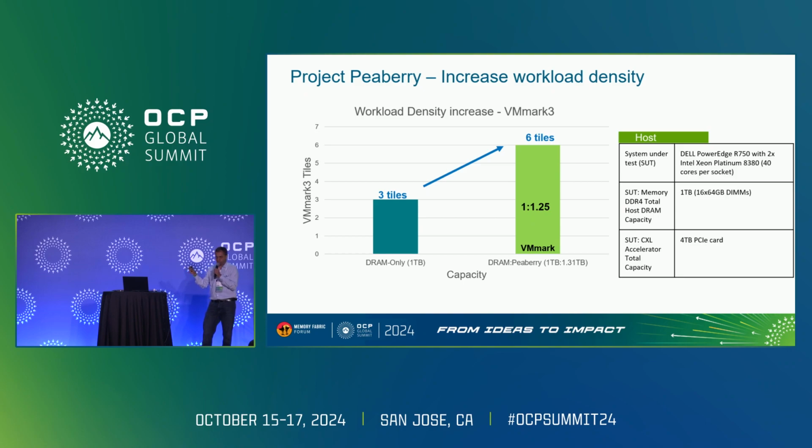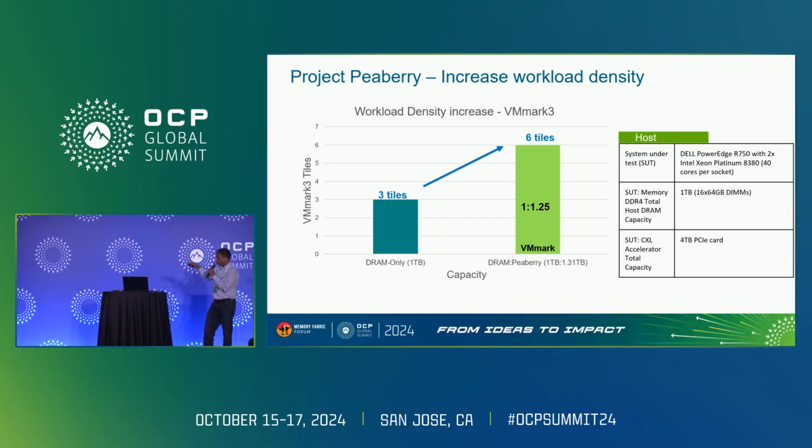The reason VMware came up with this benchmark many years ago was to represent a typical VMware customer. And essentially what this shows is we can scale the number of tiles from 3 to 6. So almost a doubling of the number of workloads that we can run.